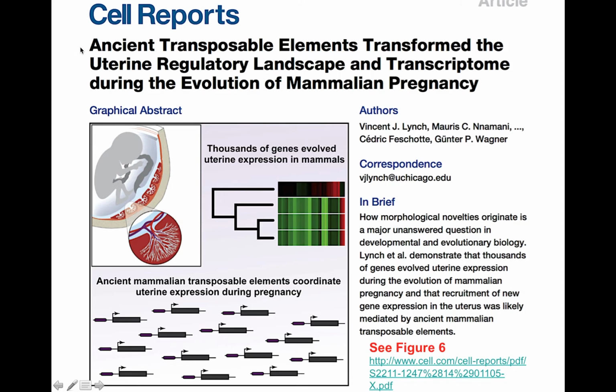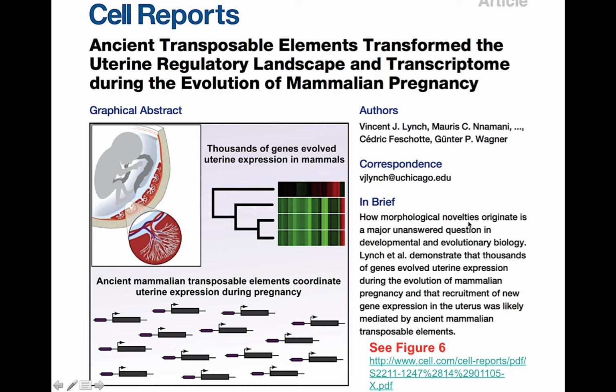This report may shed some light on how a brand new organ can evolve from species that don't have it. The title of this report is Ancient Transposable Elements Transformed the Uterine Regulatory Landscape and Transcriptome during the Evolution of Mammalian Pregnancy. So this is a summary. I'm going to just read it very quickly.